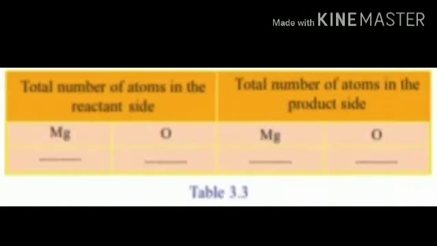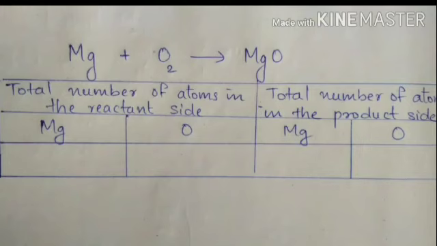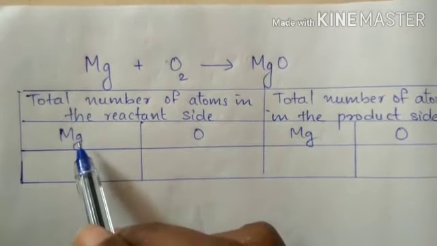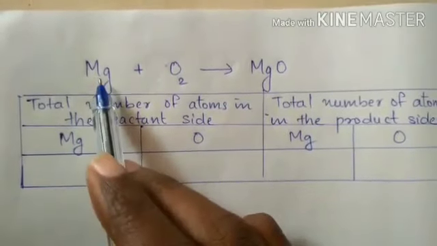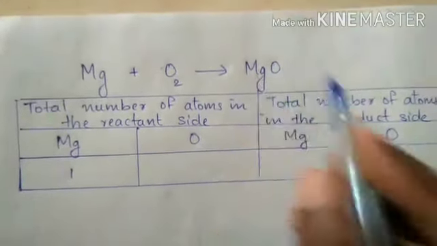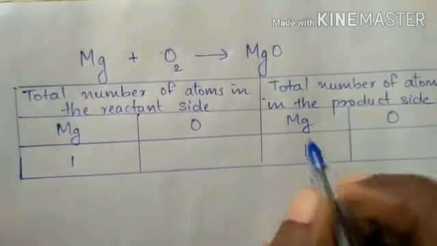As the first step, we have to draw a table showing the total number of atoms on the reactant and the product side. Let's write the number of magnesium and oxygen atoms present in the reactant as well as in the product. The number of magnesium atoms on the reactant side is 1 and on the product side is also 1.